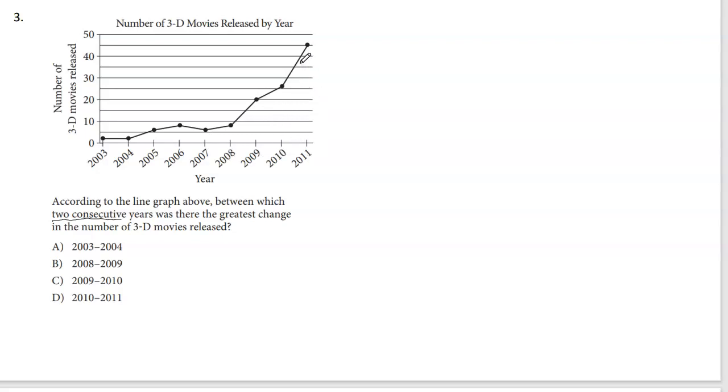And straight away we can see that between these 2 points, which maps to this range, is where there's the biggest jump. It means more 3D movies were released between 2010 and 2011. So in a question like this, it's just by examining, you look at it and you pick the right answer. So in this case, D is our answer.